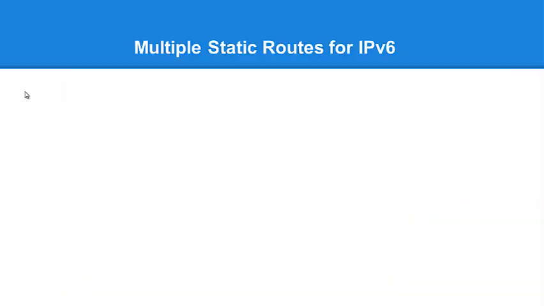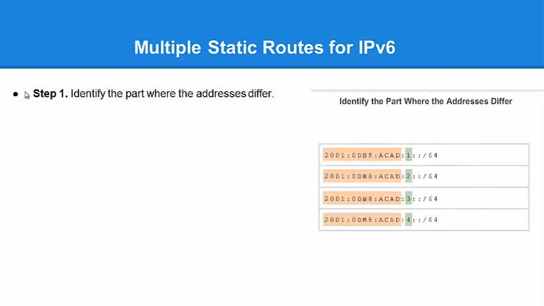It is also possible to assign multiple static routes in IPv6. Despite this, this process takes 7 steps. The first one is to identify the part where the addresses differ.